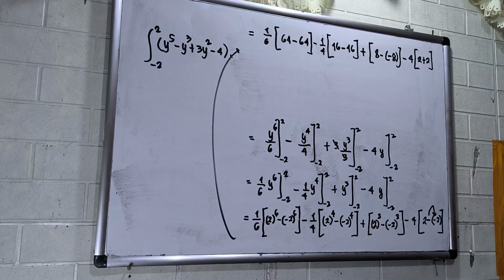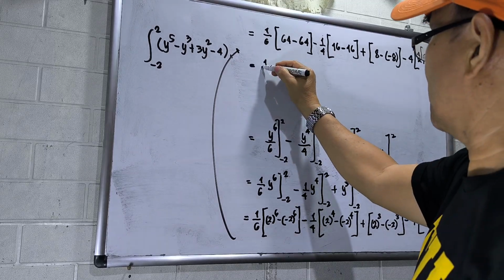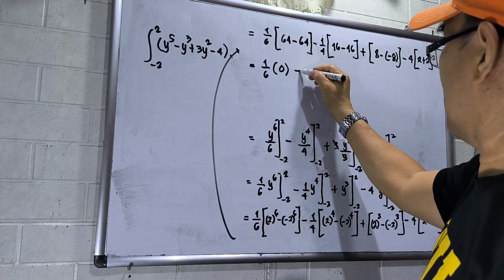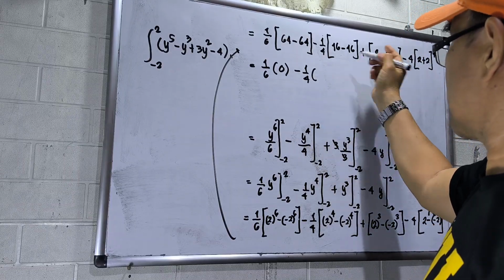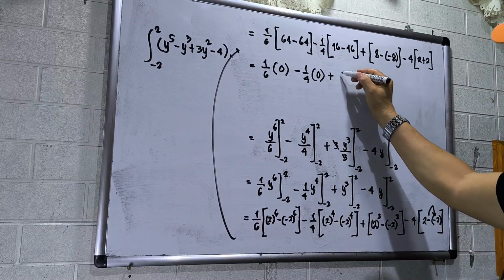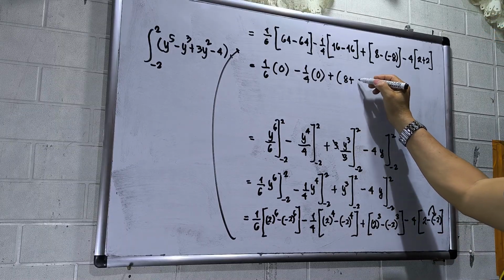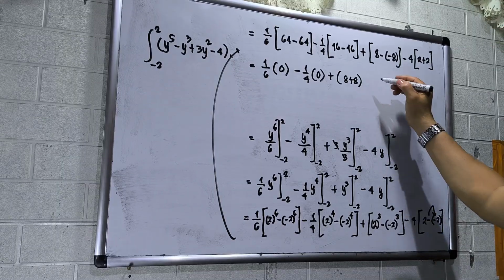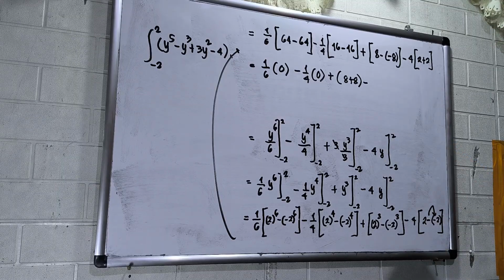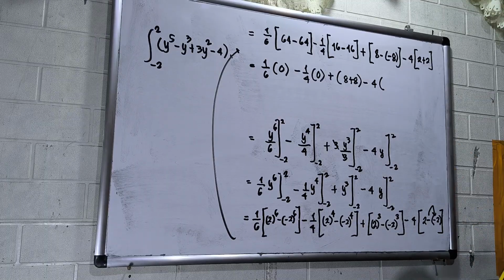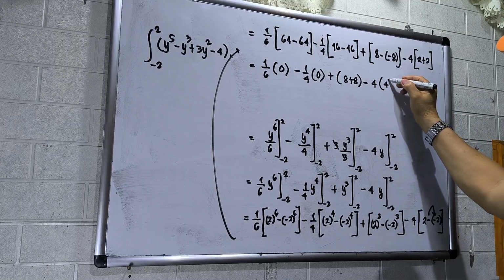Okay? So this will be 1 over 6, 64 minus 64, that will be 0. Minus 1 over 4, 16 minus 16, that will be 0. Then this one will be 8 plus 8, then minus 4, circle brackets, 4.